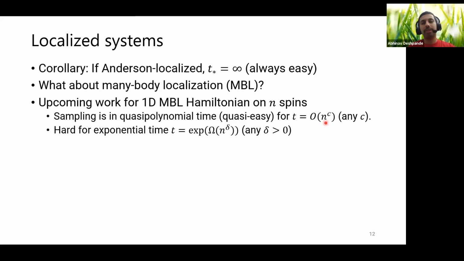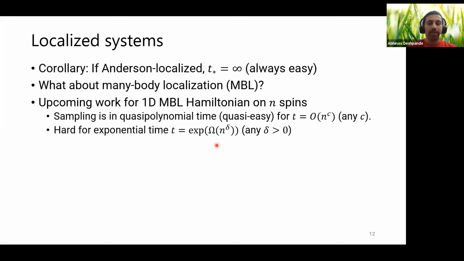So n to the c could be n to the 100 or so, even. On the other hand, what we show is that as long as the evolution time scales sub-exponentially, so it could be e to the n to the 0.1, we can recover hardness.